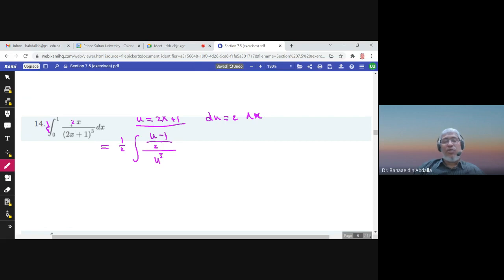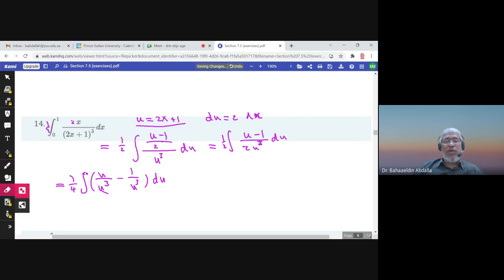And this 2 times dx would be du. And now this half is just below in the denominator. You can write it here, and you can take it outside. And you can divide u over u cubed minus 1 over u cubed and continue easily, because this is u to the power negative 2 and that one u to the power negative 3.